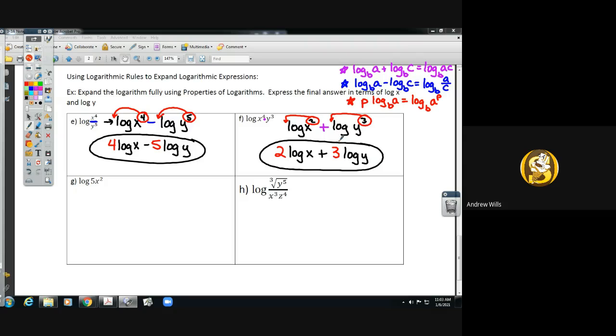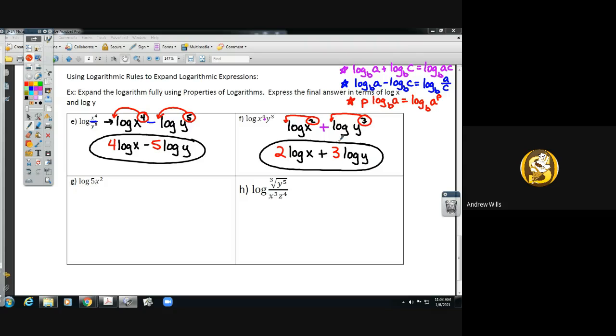On G, that one should be relatively simple. On H, remember that roots and exponents are really the same thing. So that cube root of y to the fifth can be written with a fractional exponent. Keep that in mind.